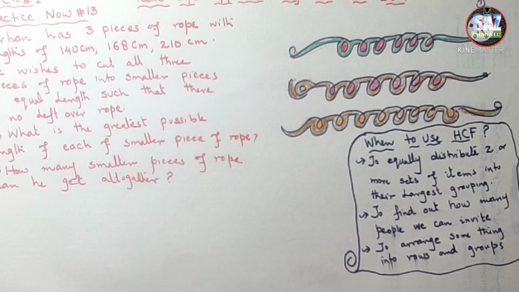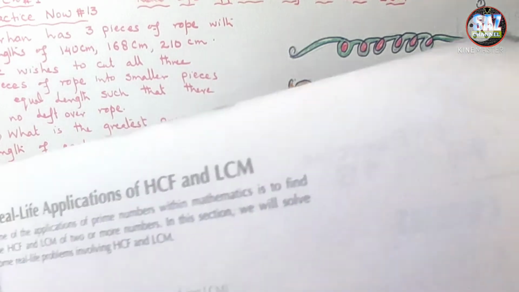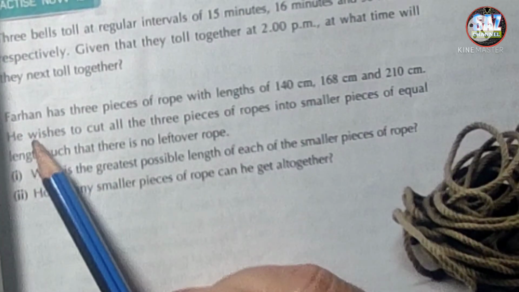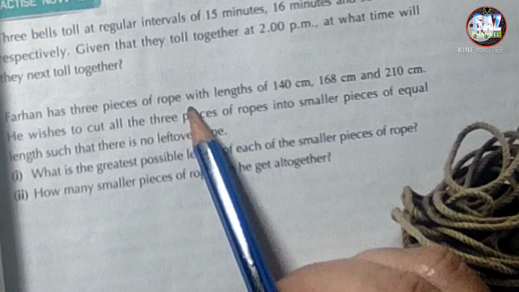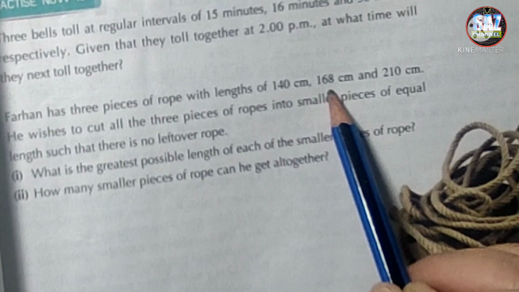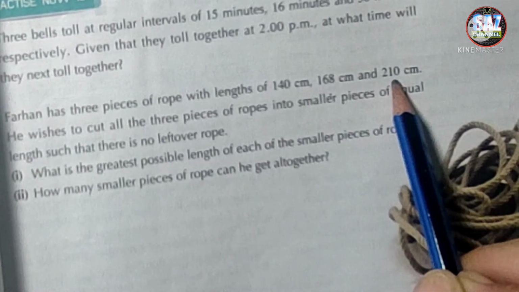So let's move to practice now 13 and let's first read the question from the book. Question 13, practice now 13. Says that Farhan has 3 pieces of rope with the length of 140 centimeter, 168 centimeter and 210 centimeters.